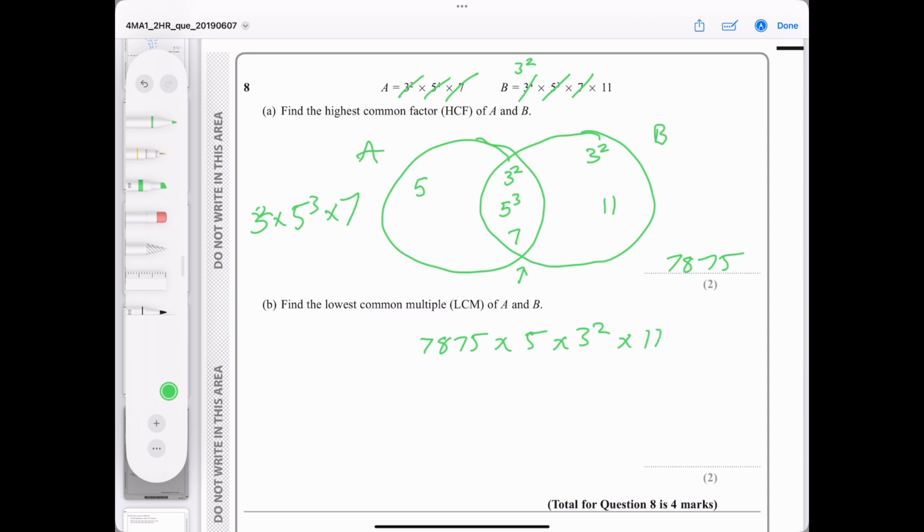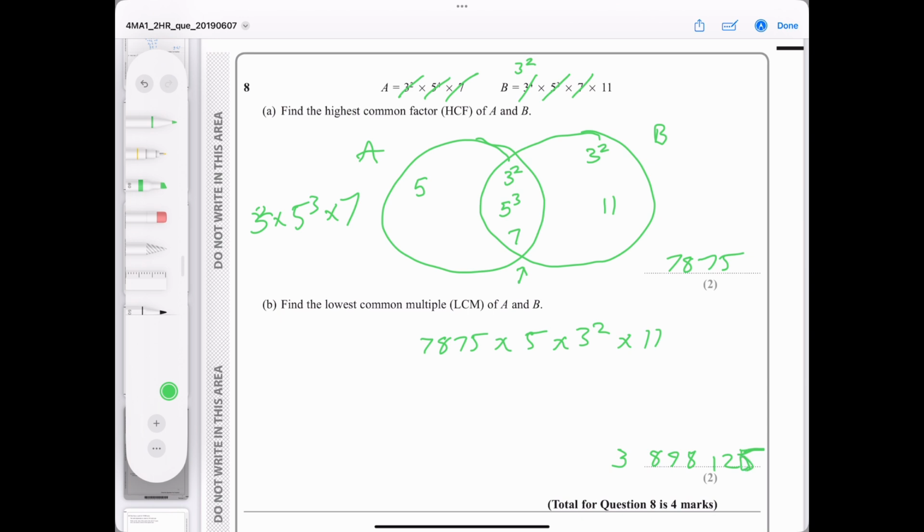So we'll times that by 5 times 9 times 11 equals, oh, that's a very big number. 3898125. Hooray. I don't do my 5s very well, do I?